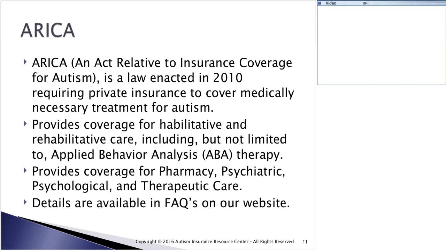It covers broad coverage. Some people think that ARICA is an ABA bill that only covers ABA therapy, and that gets talked about a lot. Before ARICA, ABA was never covered, so that was a very revolutionary part of ARICA, but ARICA was designed to cover all medically necessary treatment as determined by a clinician or a psychologist.